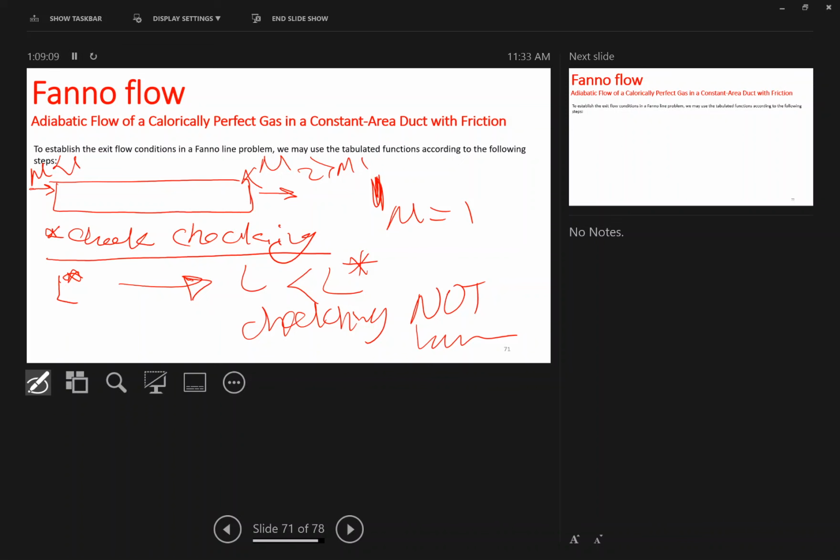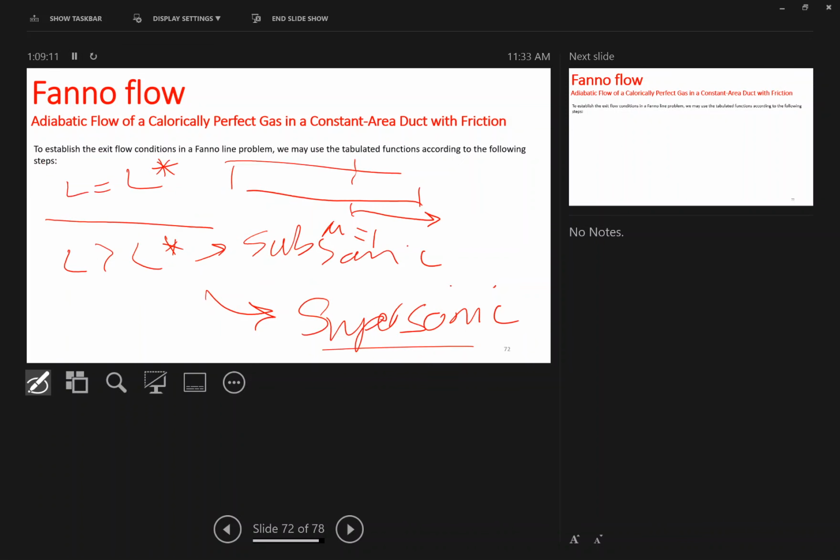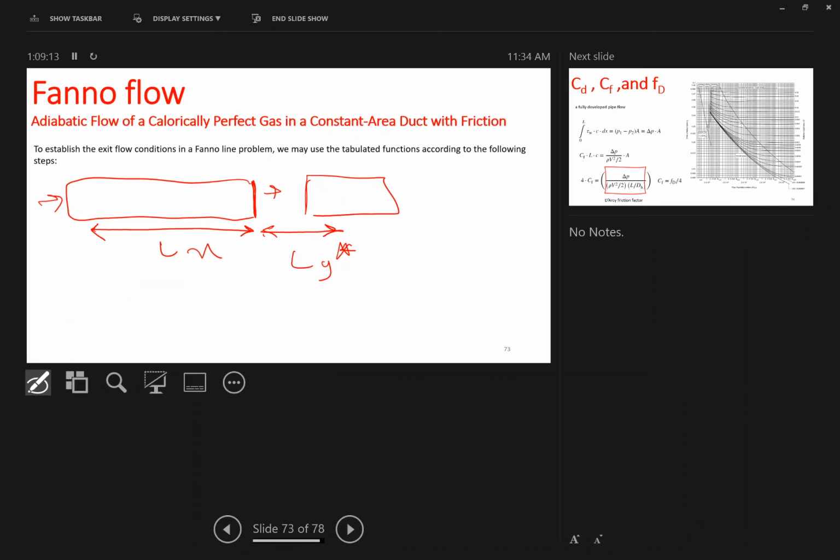Okay, so based on these two, we can calculate an Lx and Ly star. We have two L's, and you can add them up. This should give you the length of the duct.